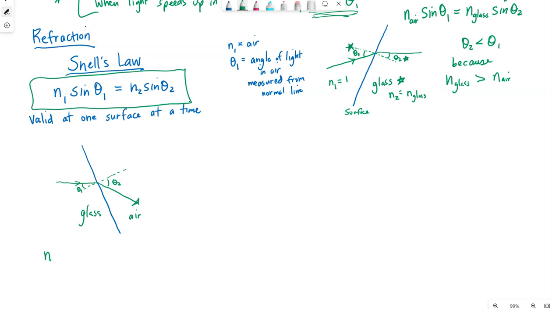So we would say N of the glass, that's where the light is located, sine of theta 1 is equal to N of the air, because that's where the light is going to, times the sine of theta 2. Since N of the air is smaller, theta 2 is bigger.